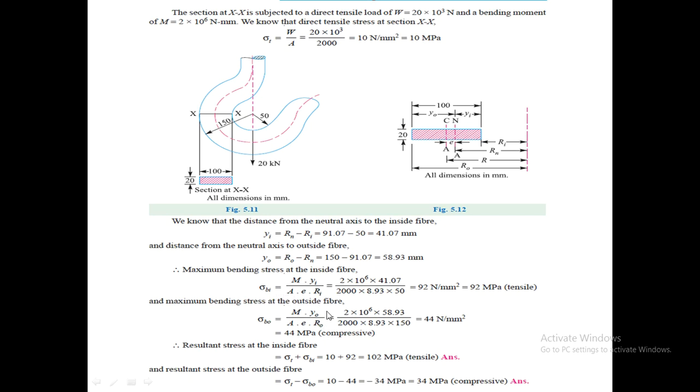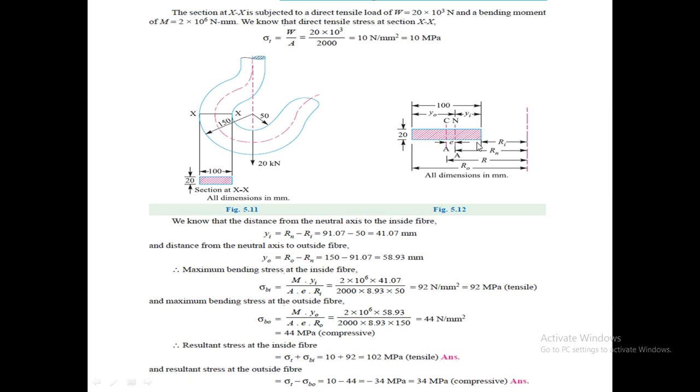The resultant stress at the inside fiber is the summation of the tensile stress and the bending stress, whereas the resultant stress at the outside fiber is the tensile stress minus the bending stress. Tensile stress is load by area. Considering the tensile stress and the corresponding inner and outer bending stress, we can calculate the resulting stress at the inside edge and the outside edge.